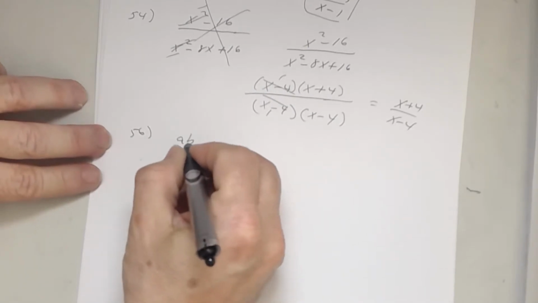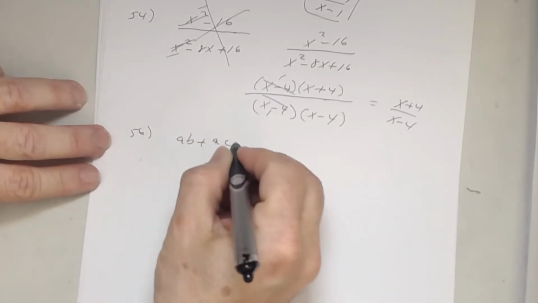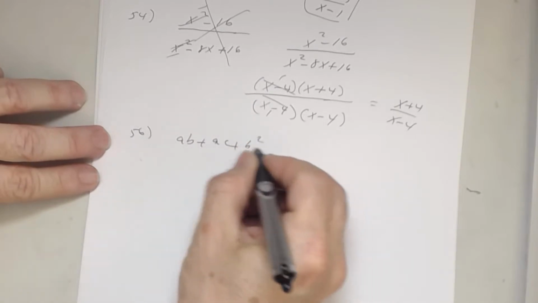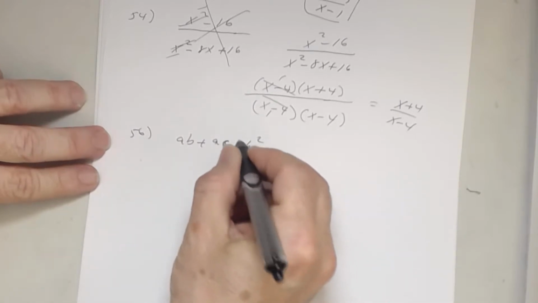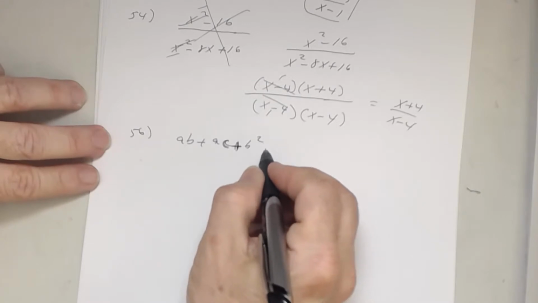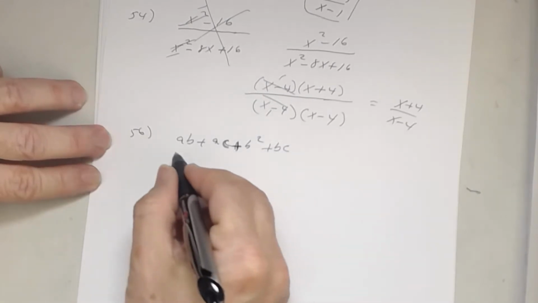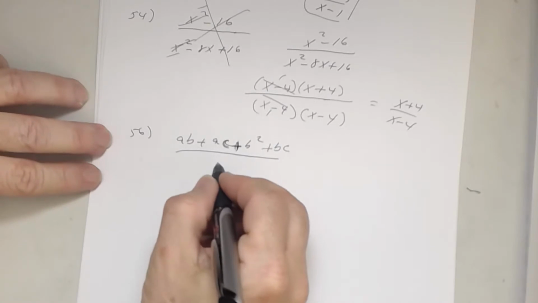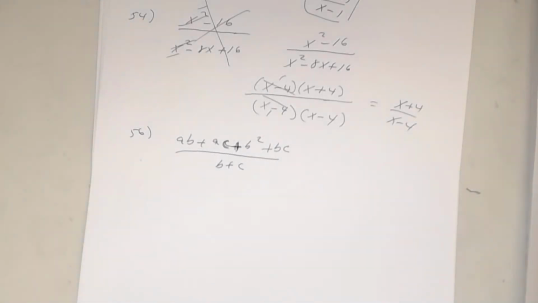You have AB plus AC plus B squared plus BC divided by B plus C. So on your study guide for the test that's coming up, you're going to have this.